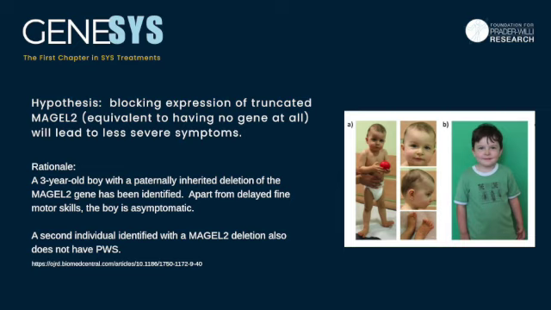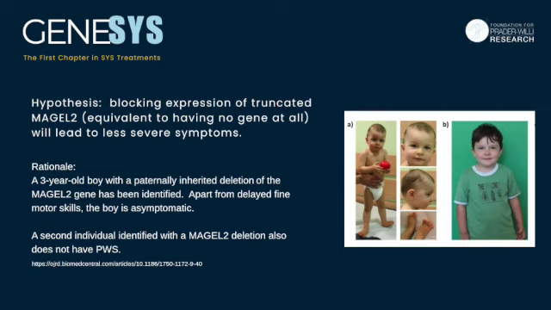We know in Prader-Willi syndrome, individuals are missing the MAGEL2 gene, but they're missing several other genes as well, and they have some characteristics that are shared with Schaaf-Yang syndrome, but also some that are not. But in these two very rare individuals who have been identified to date, they're missing just the MAGEL2 gene. And actually, both of them don't seem to have many symptoms at all.